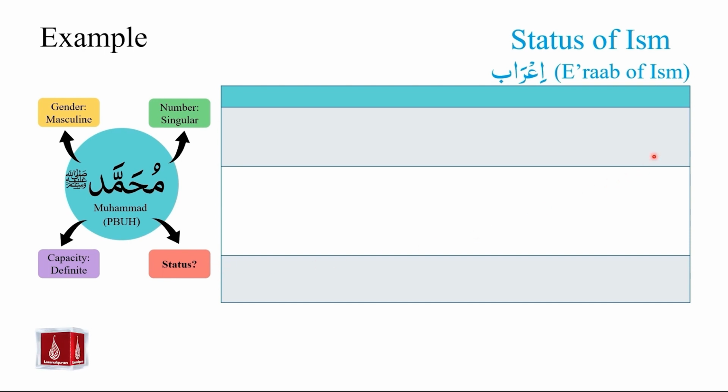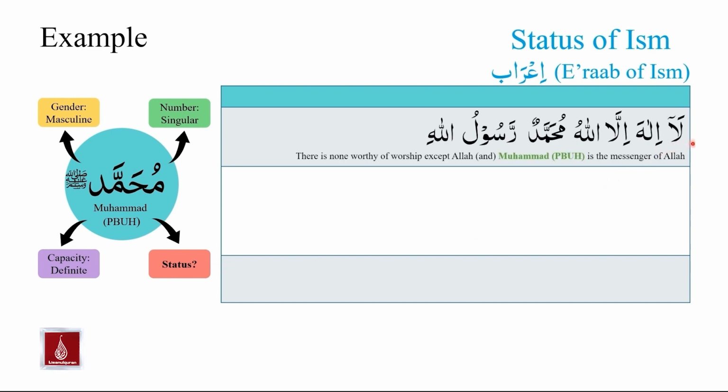The first example is La ilaha illallah Muhammadur Rasulullah. In this statement, the Ism Muhammadun is used to refer to Prophet Muhammad, peace be upon him.